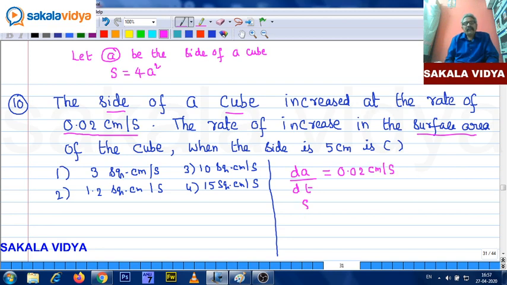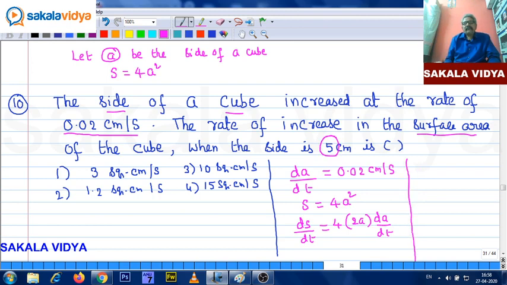Surface area of a cube is given by 4 sides, 4a square, area of the 4 faces square, ds by dt. ds by dt is equal to, if you differentiate it, 4 into a square differentiation 2a and da by dt. So, your side is given 5 centimeters.